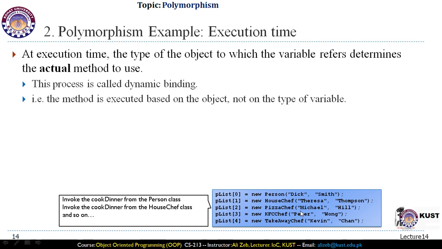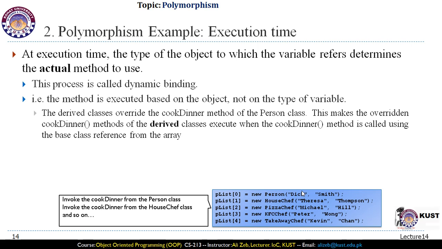Now, even though the type of all of the objects was the same, each object was generating a different output from the method call. And this happens because the derived classes override the cook dinner method of the person class. This makes the overridden cook dinner methods of the derived classes execute when the cook dinner method is called using the base class reference from the array.